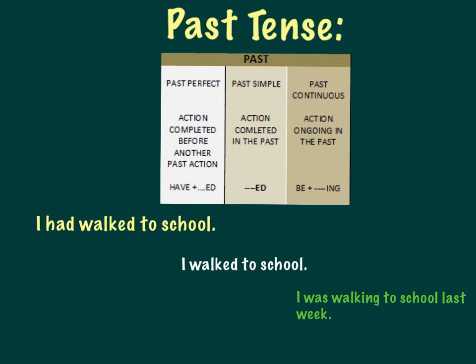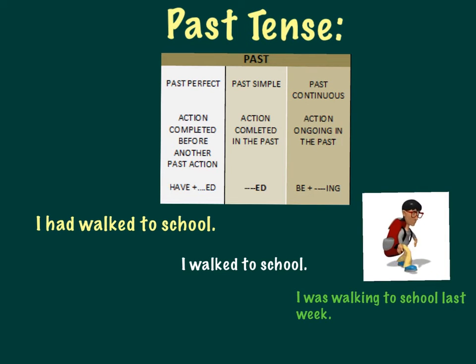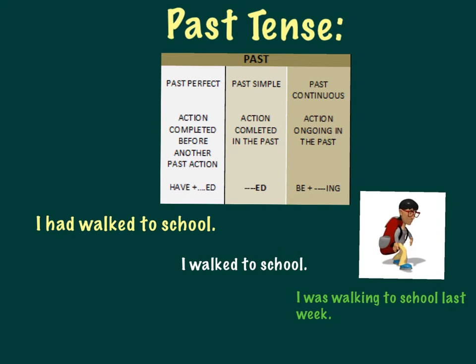I walked to school. Our sentence for past continuous, which shows that the action is ongoing in the past, is, I was walking to school last week. We're able to see that we've conjugated the verb be, like in the table we had previously, to past tense, so it becomes was in our sentence.